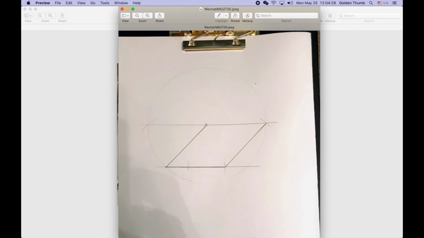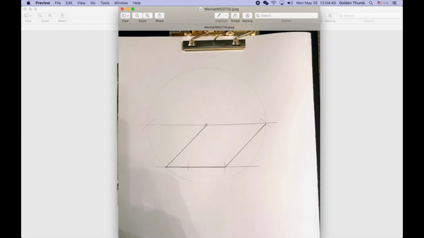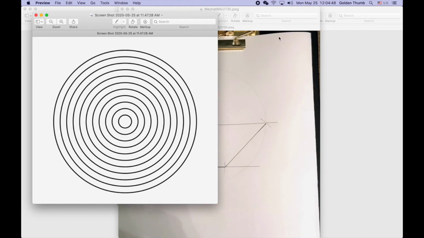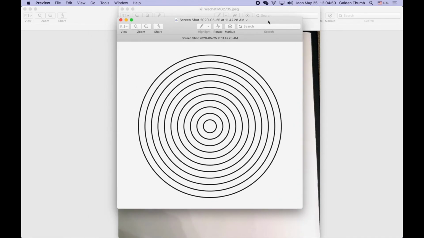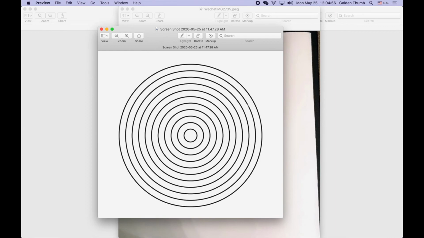Okay, I think since we already know how to use the straight edge and pencil and our compass, if you want to practice using the compass, we can do something like that. Draw a bunch of circles, all of them sharing the same center.